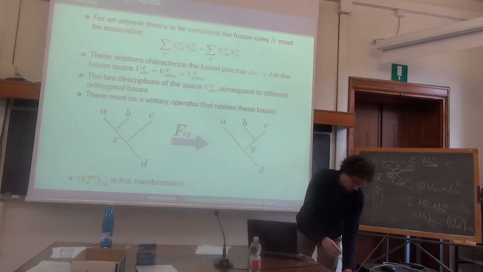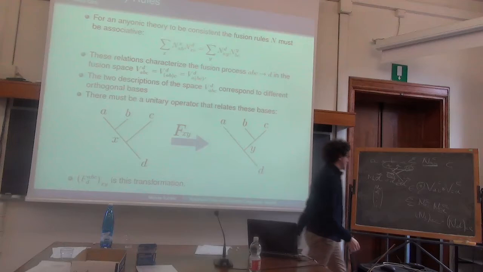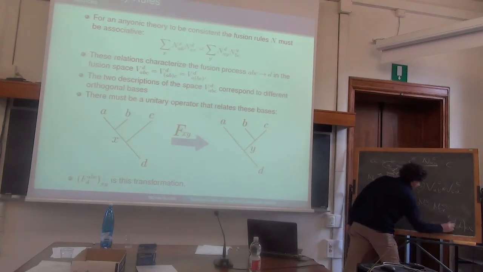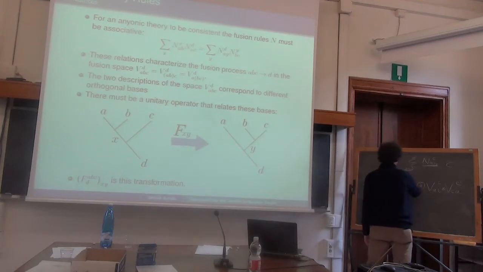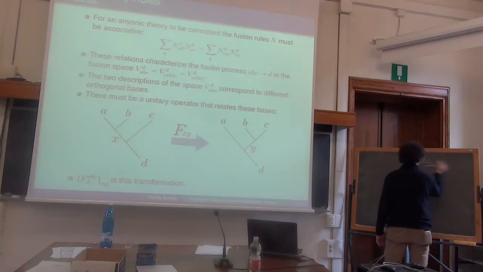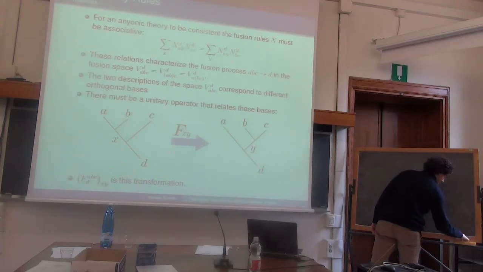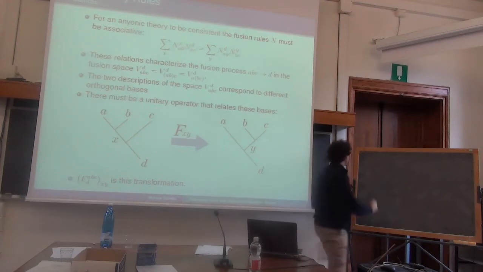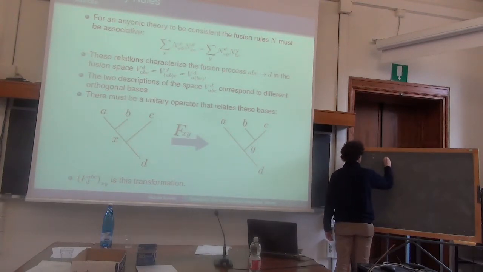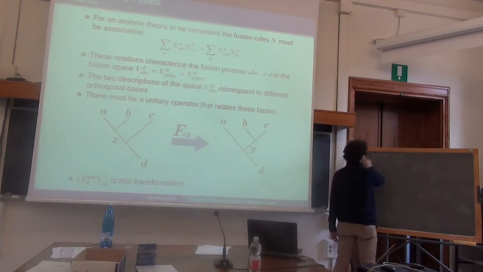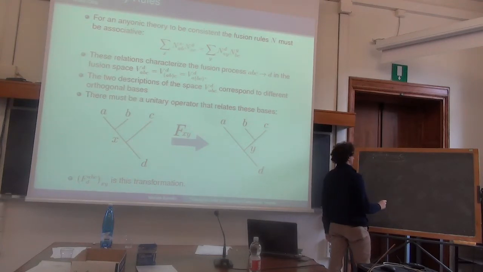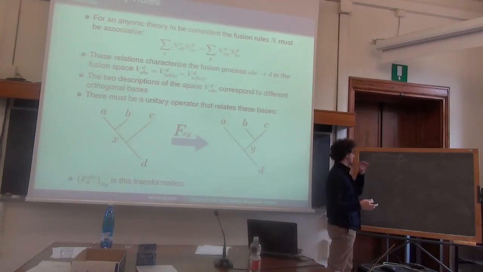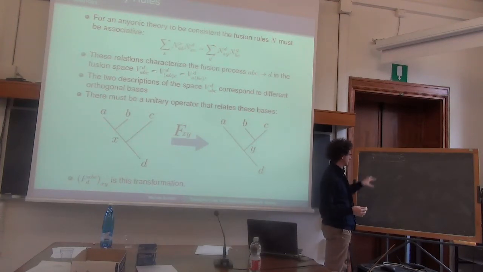And this associativity tells me that if I have a collection of three anions, so I consider three anions A, B, and C, and I impose that their overall total charge is equal to E, so that I'm specifying the total charge without caring about the inner structure of this system.